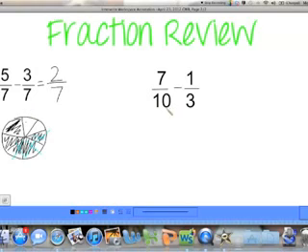All right, let's look at our second example here. We do not have a common denominator in this fraction problem, so we have to go ahead and find one. The way we go about that is by multiplying by the opposite. So our new common denominator becomes 10 times 3, or 30.